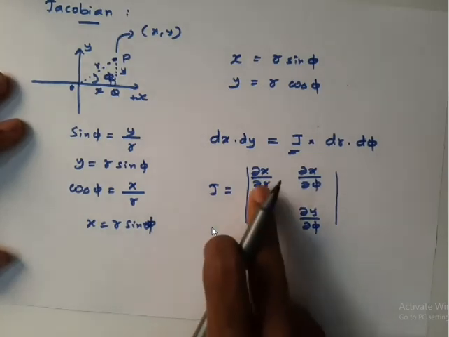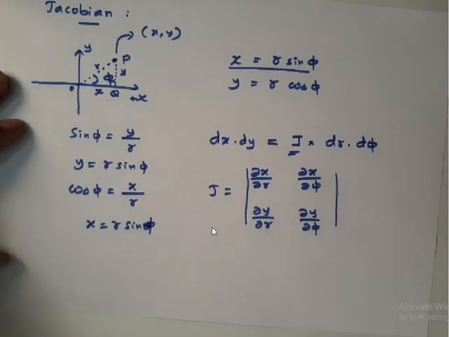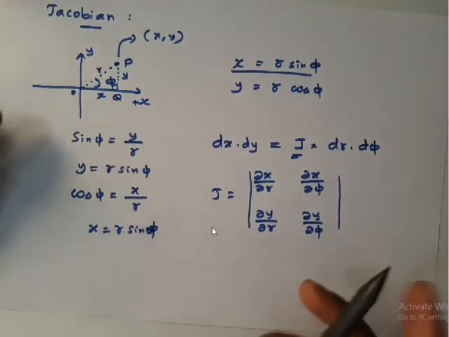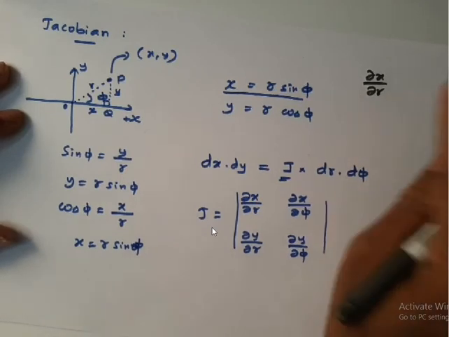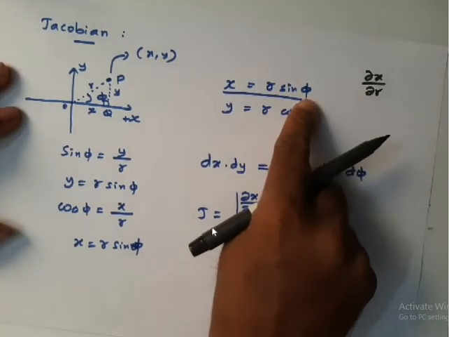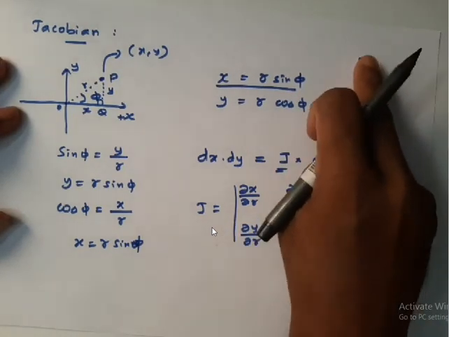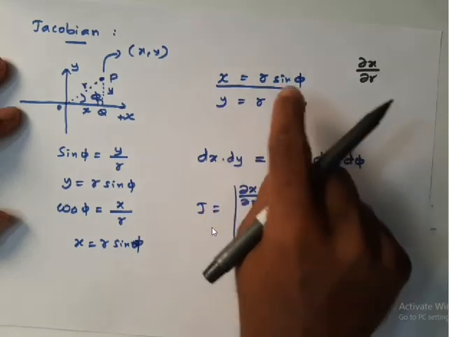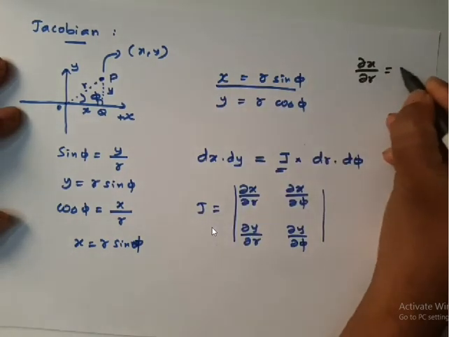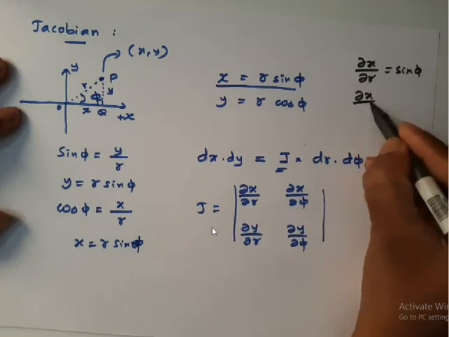What is dou x by dou r? The x value is available here. Here r and phi are independent variables. Therefore, when you differentiate x with respect to r, keep phi as constant, so dou x by dou r is sin phi. And what is dou x by dou phi?